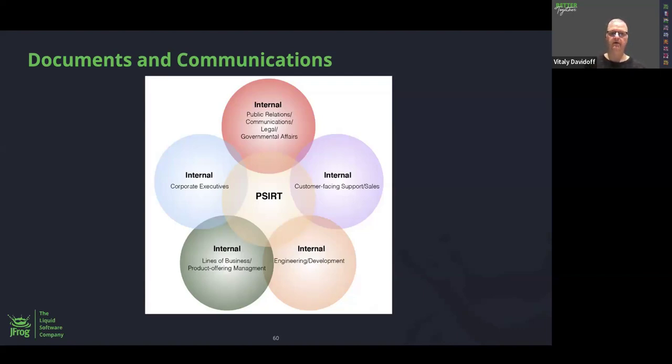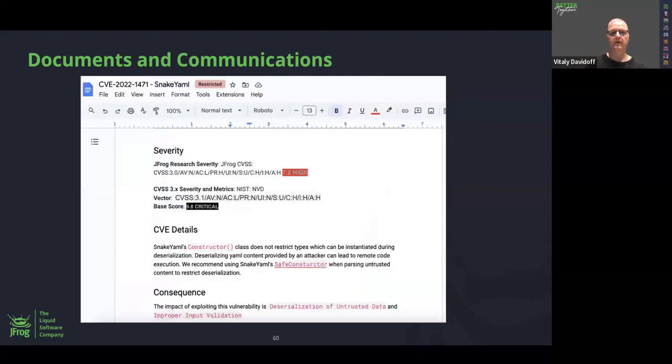We also have the customer-facing support team to provide all the communication to external parties like customers, and we also have legal and product management to provide new versions to production, or maybe to upgrade versions if we are responsible for the customer's environment. And the documents, here's the very important part.